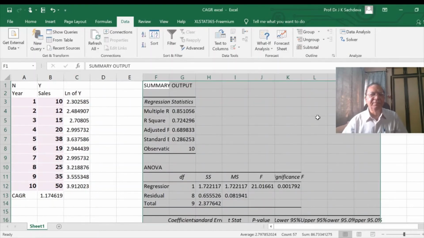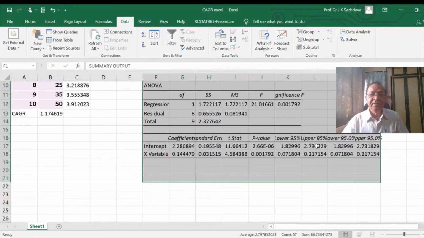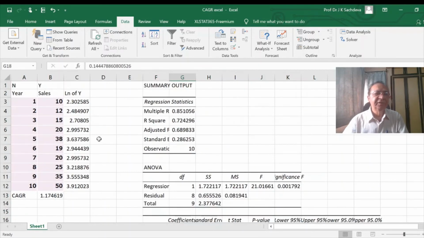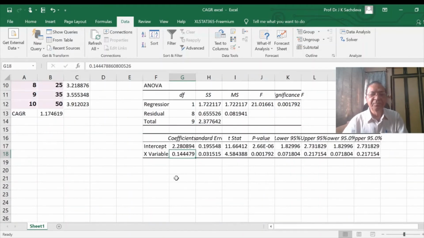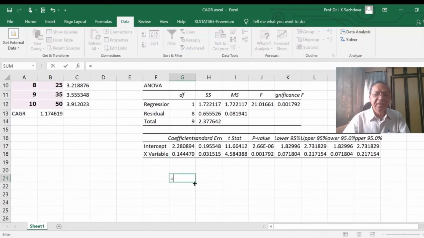Now this has come out as a regression. This one is your coefficient of b. Because I have changed the numbers, these numbers have changed in between. So this one is now equal to exp, because we have taken the natural log, so we take the exponential of the coefficient of b, minus 1.